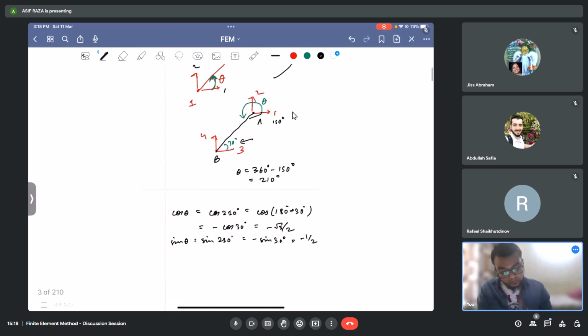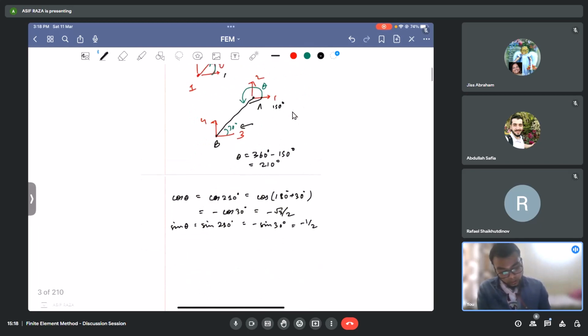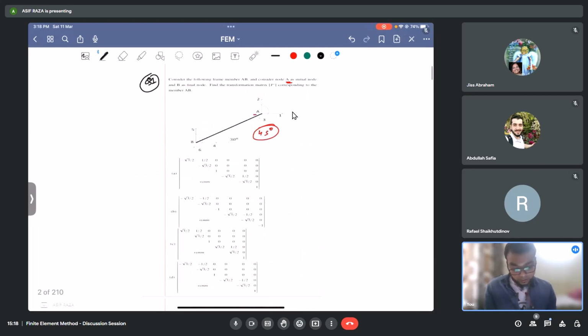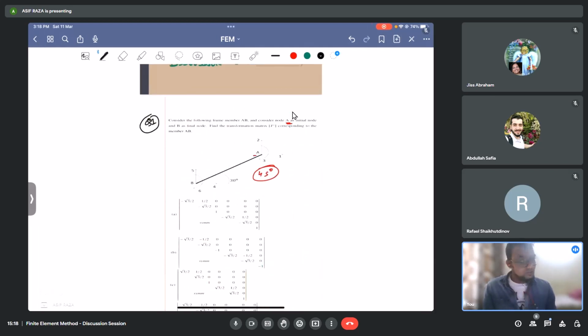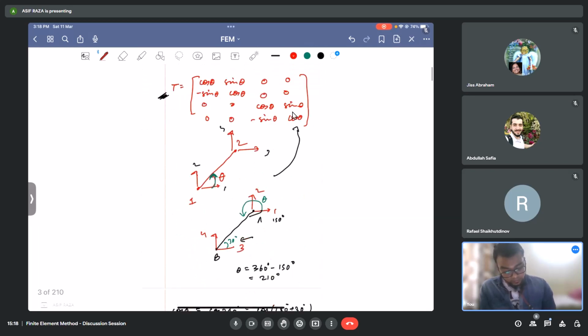Now when it is numbered like 1 2 3 4, but here we have 1 2 3 4 5 6, the theta also changes.